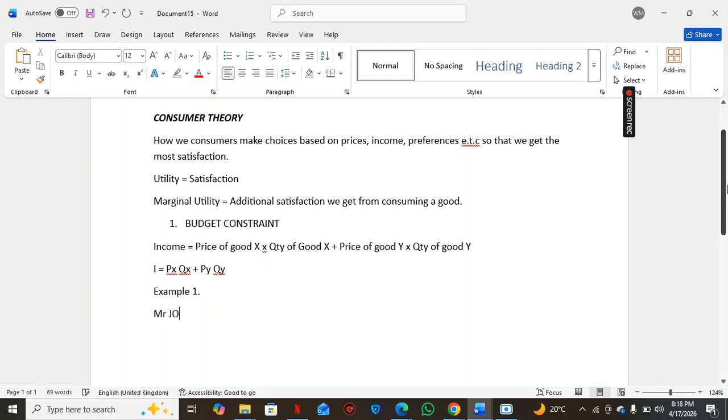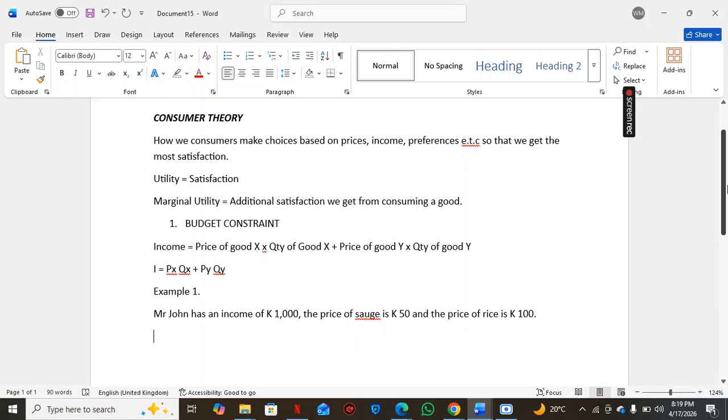For example, Mr. John has an income of 1,000 kwacha. The price of sausage is 50 kwacha, and the price of rice is 100 kwacha.